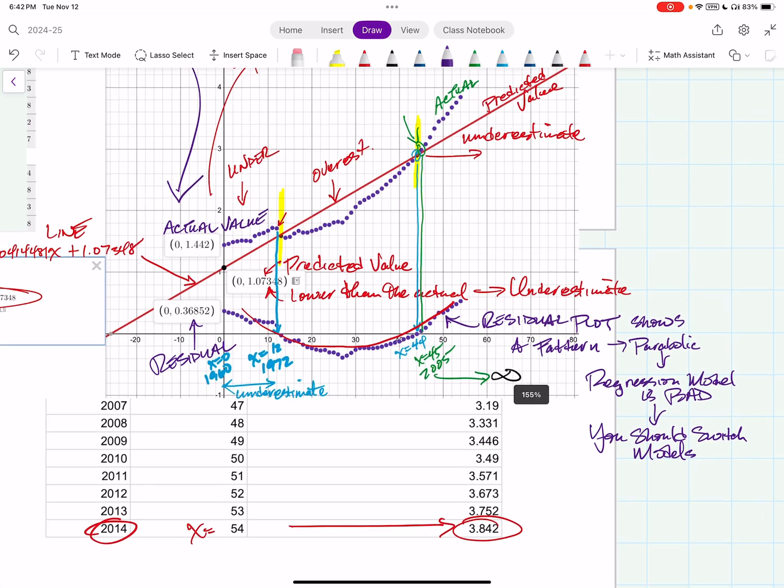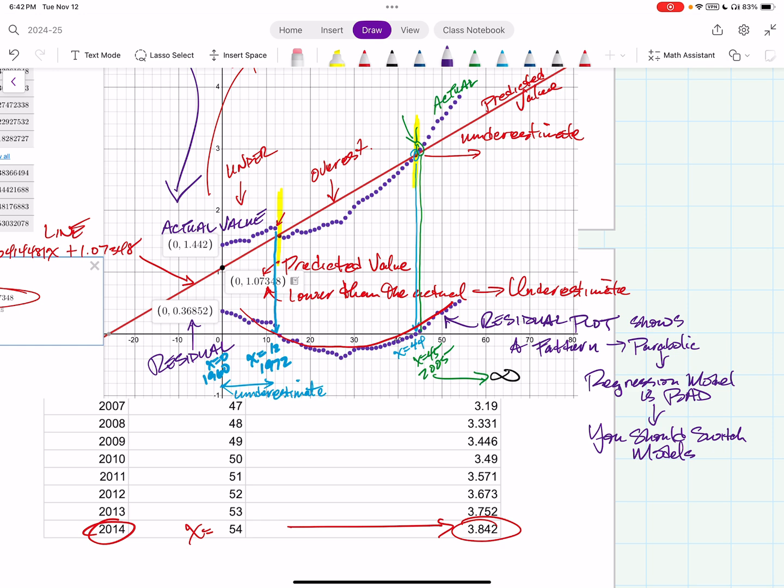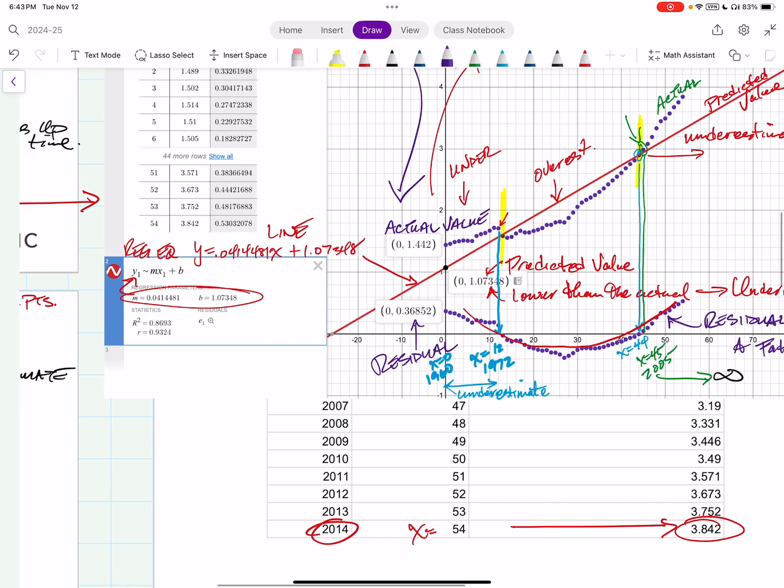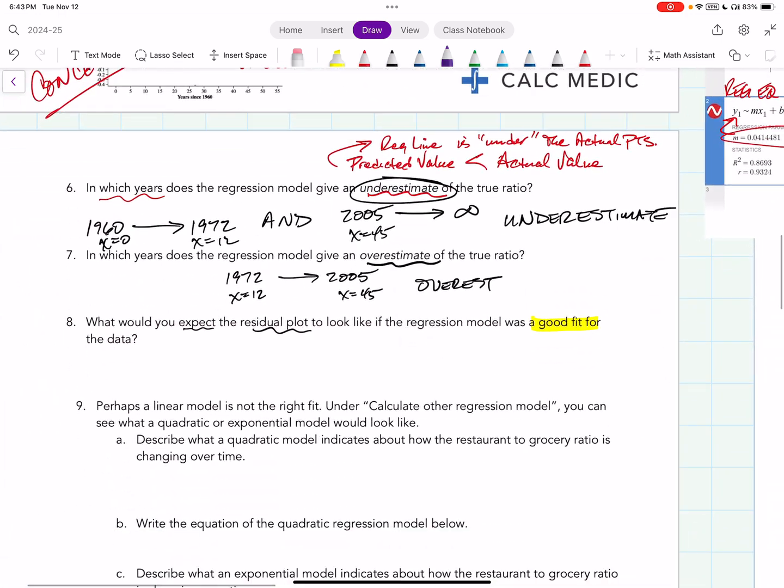Okay, so the question is, what models should you switch to? And that's where we're going right now. So we're going to go explore that. So let's do a few more things. But before we do, let's write down the answer to number 8. So what should you expect? We should look for a random pattern.